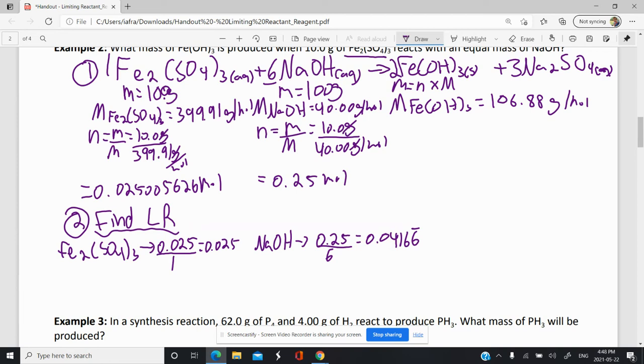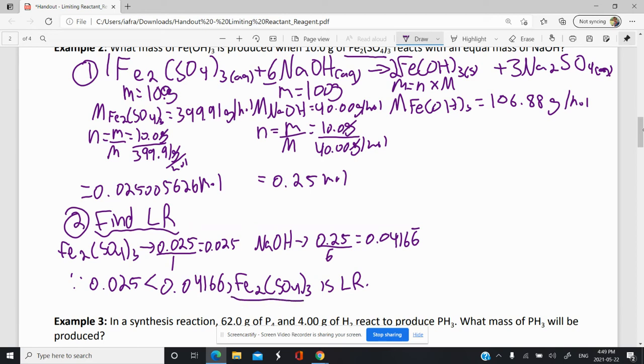So now I compare the two values, and the smallest one will be my LR. It looks like the smallest one is going to end up being the iron 3 sulfate, since 0.025 is less than 0.04166. Iron 3 sulfate is the LR.